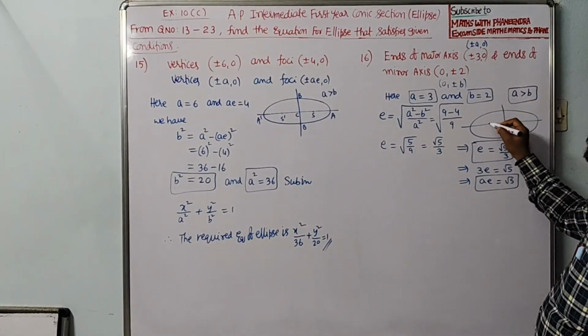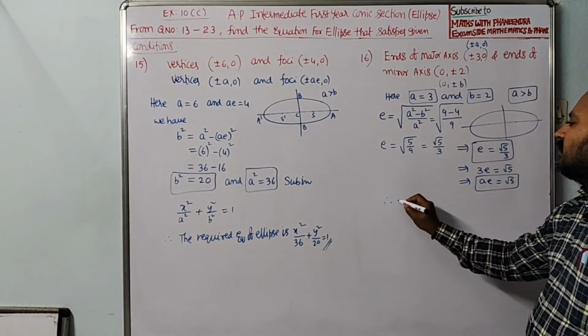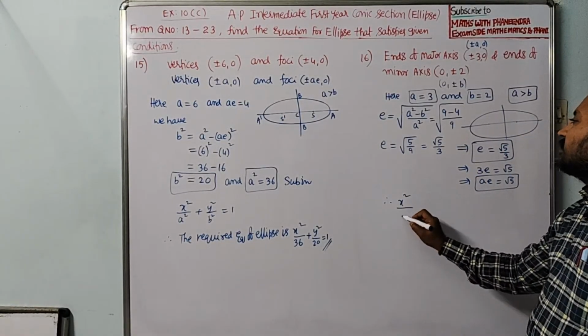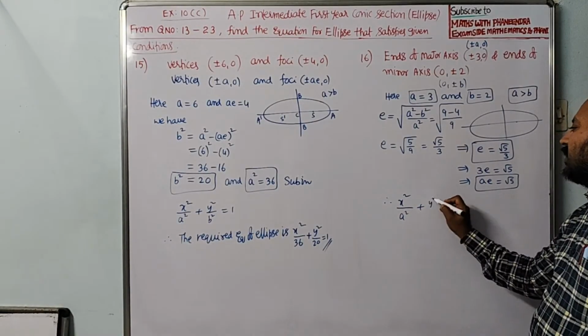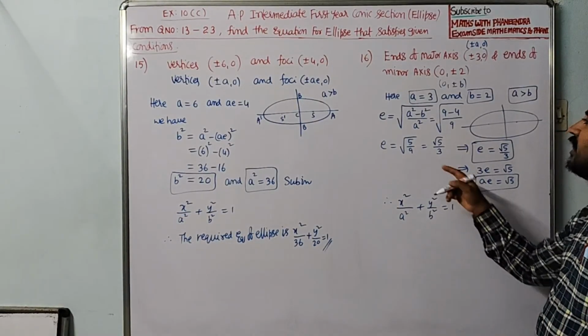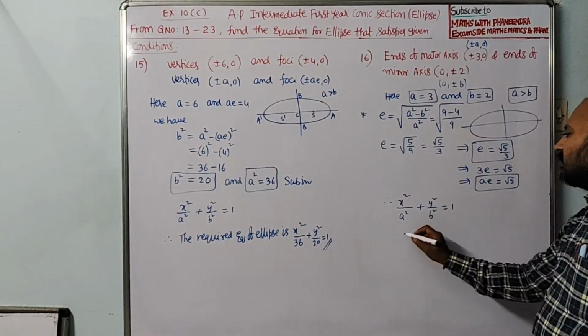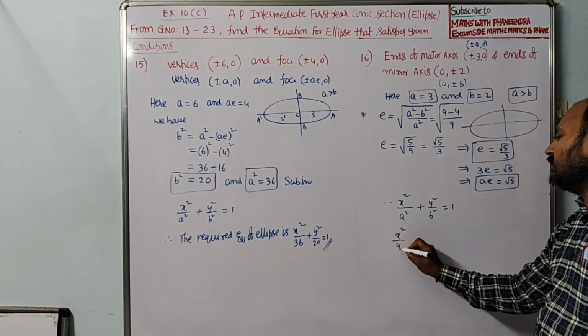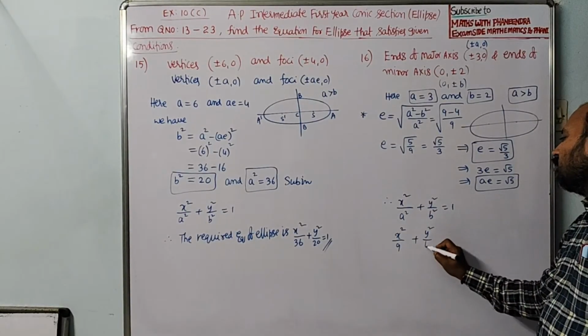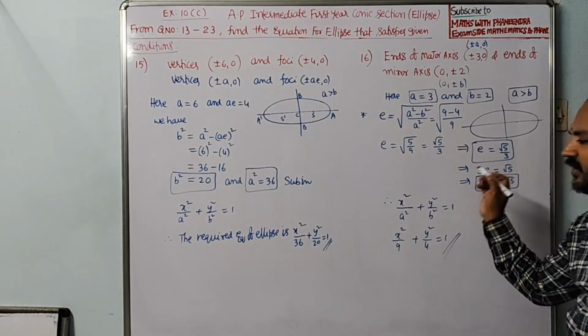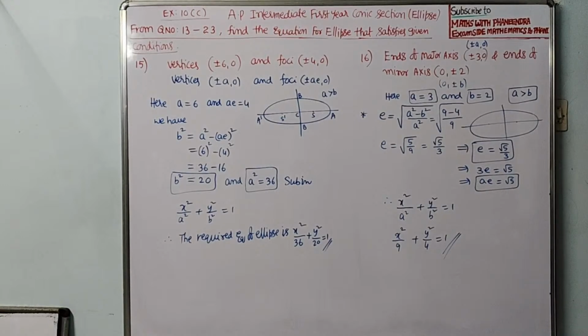I just want to write x square by a square plus y square by b square equal to 1. So x square by 9 plus y square by 4 equal to 1, which is the required equation of ellipse.